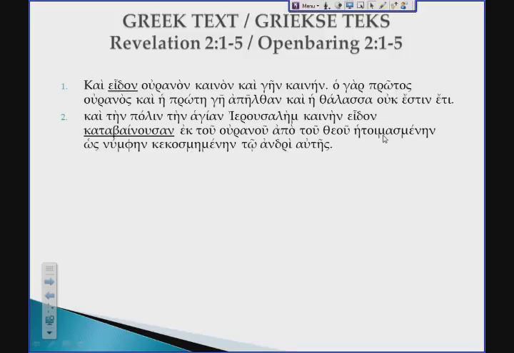And then, having been prepared, as a bride, having been adorned for the husband. Of her. Good.